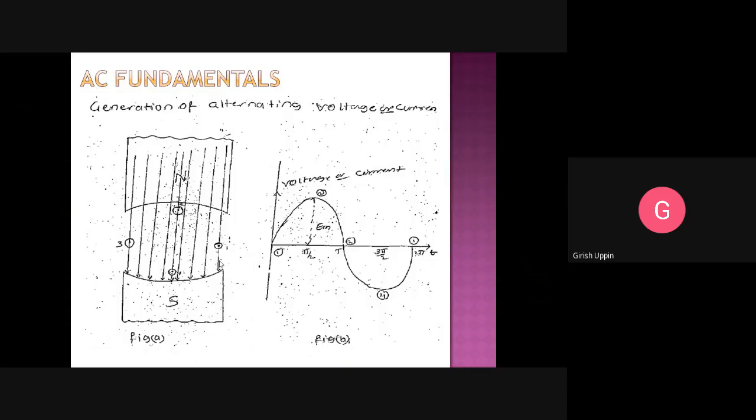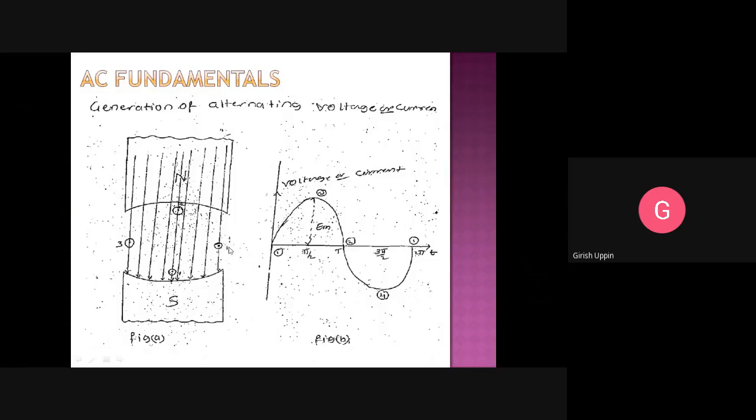Whenever the angle between the flux and the direction of motion is 0, the flux cut by this conductor is 0. When the flux cut by the conductor is 0, the amount of EMF induced is 0. We know how much EMF is produced depends on how much flux it will cut.